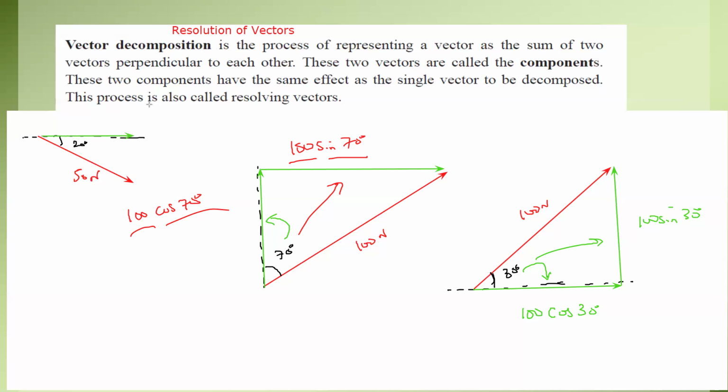Because it is with an angle, this will be cosine. So this will be equal to 50 cosine 20. And this one is opposite to the angle, so this will be equal to 50 sine 20.